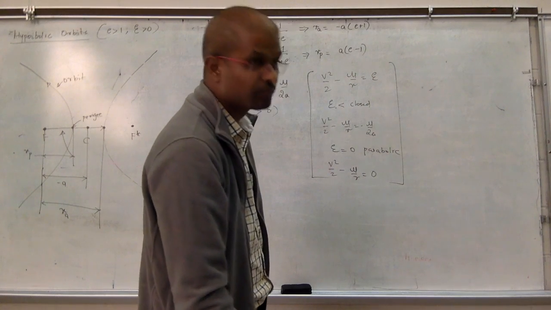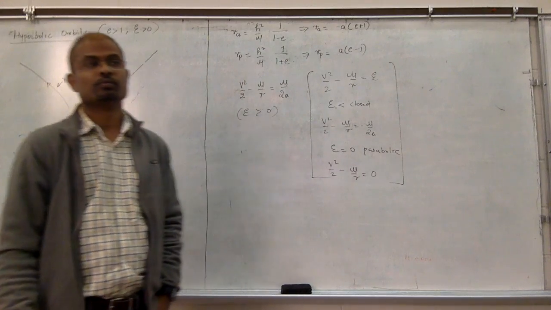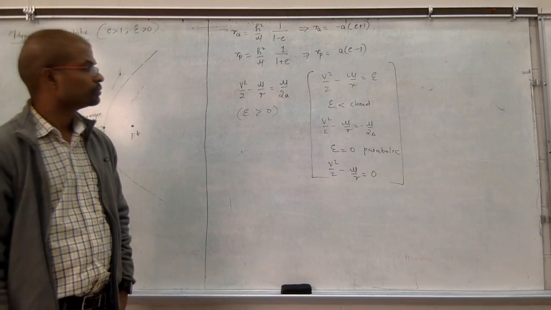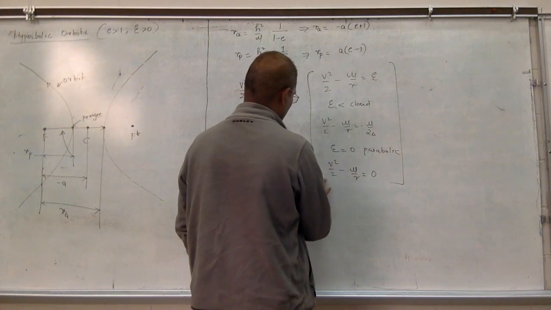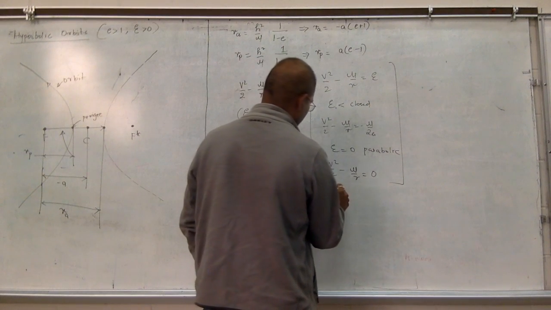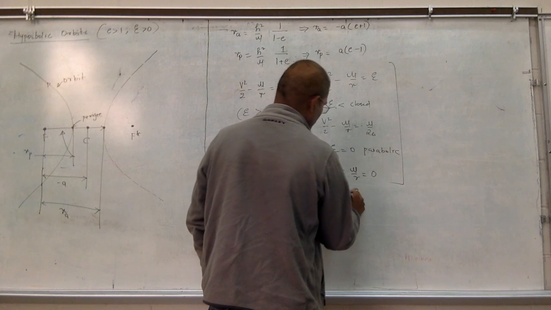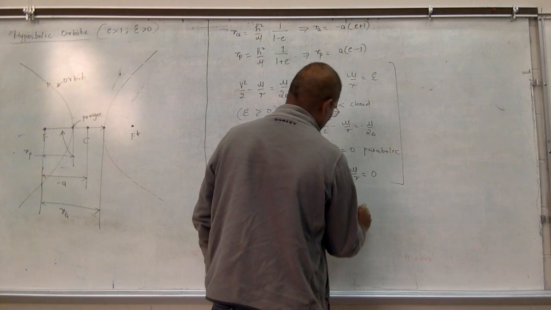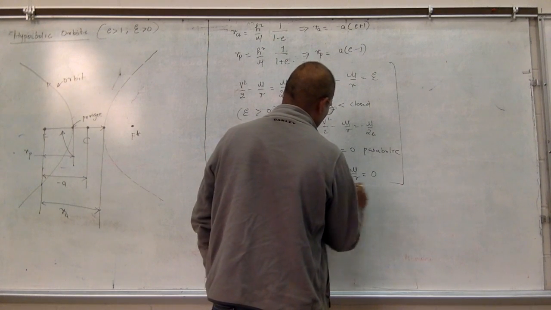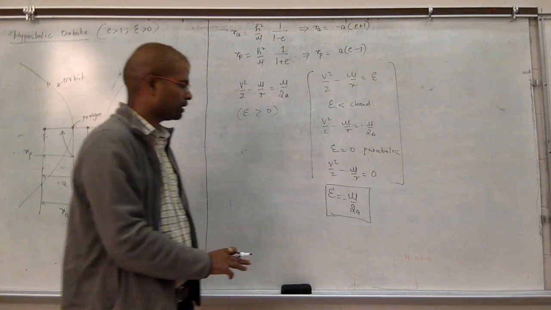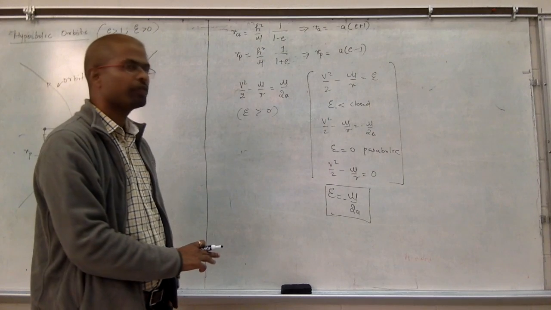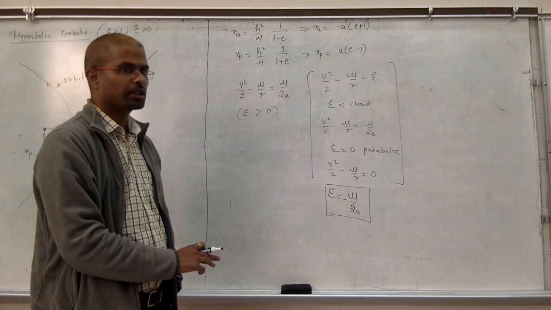So does that mean that energy is equal to negative mu over 2a? Yes, so we proved this. I did not prove it, but I told you guys this energy is equal to minus mu over 2a. This statement says that energy is only a function of the size of the orbit.